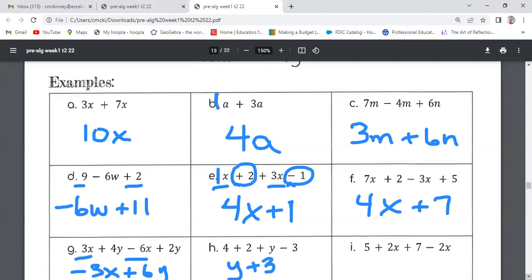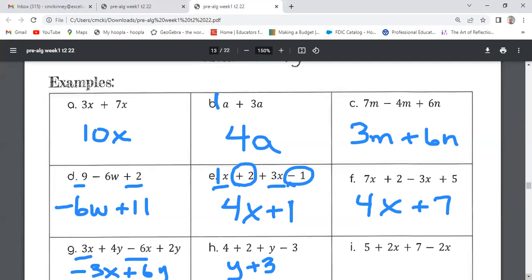In H here that I just did, we have 3 constants. So the 4, the 2, and the -3 are all constants. So 4 plus 2 is 6, take away 3, makes 3, and y is already there. Typically, we'll write our constants at the end.